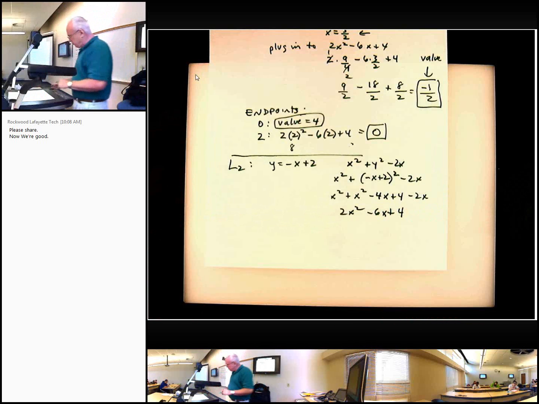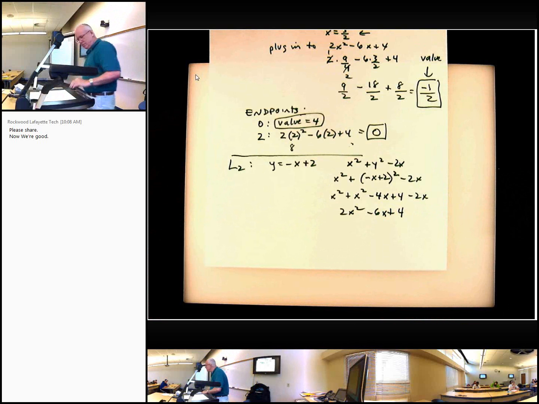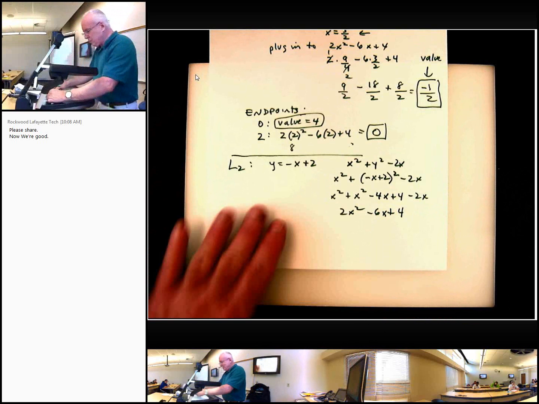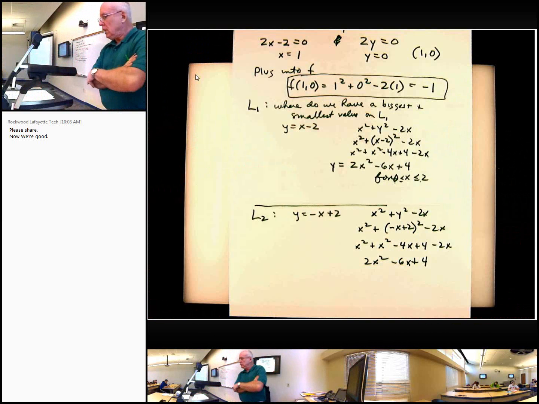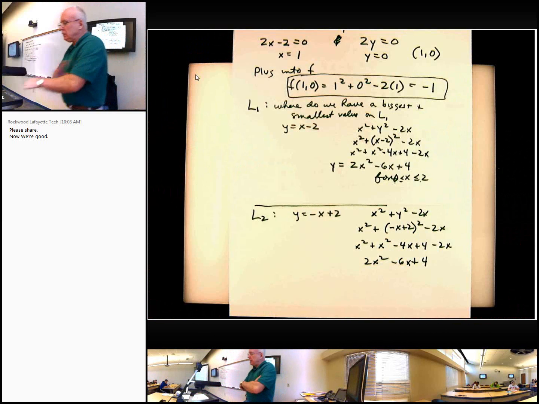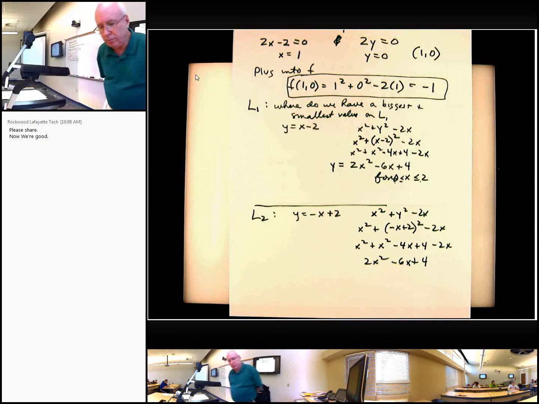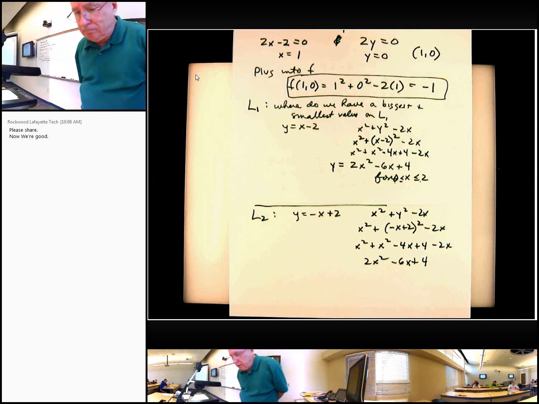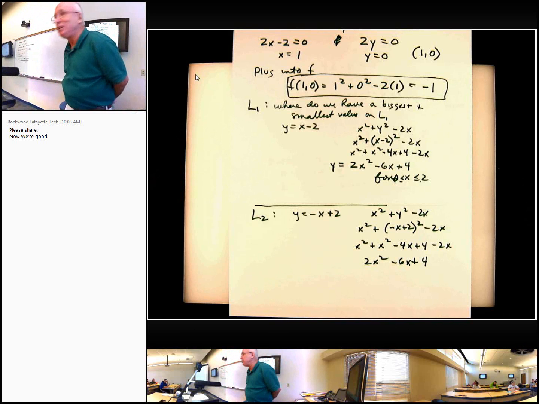Oh, wait a minute. That's sounding awfully familiar, isn't it? Notice what we ended up with for L1. We had gotten y equals 2x squared minus 6x plus 4. So therefore, the gods are being good to us here in this problem.